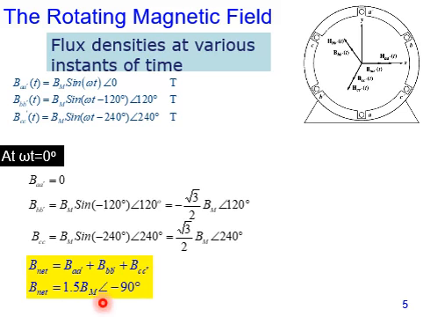After expanding the values of B BB bar and B CC bar in terms of sine theta and cos theta, using root 3 over 2 B M and with angles of 120 degrees and 240 degrees, it can be derived in terms of cos and sine theta, and then adding them and getting the answer would be something like this.